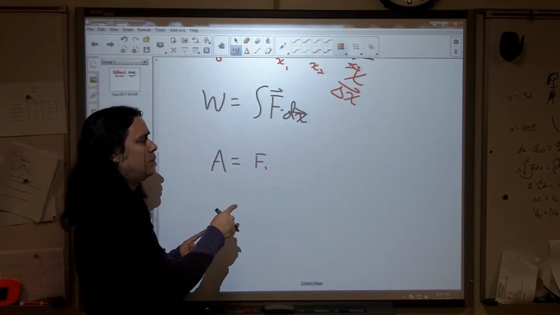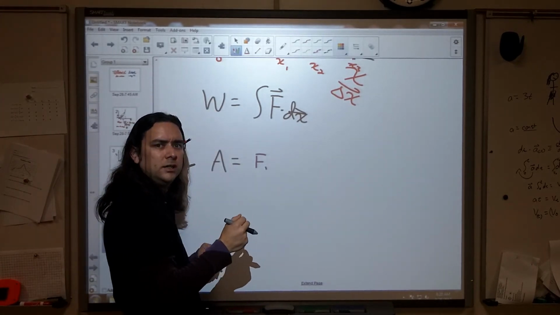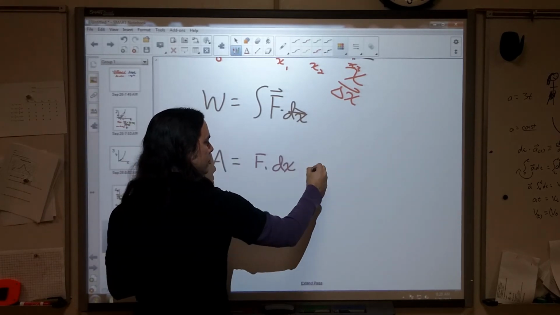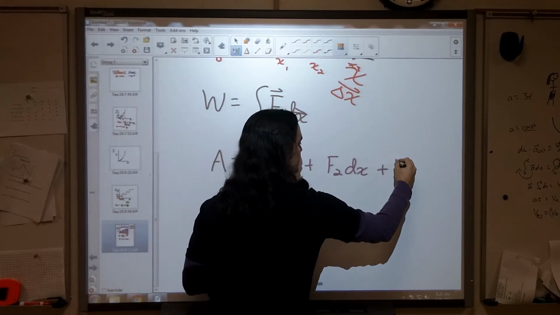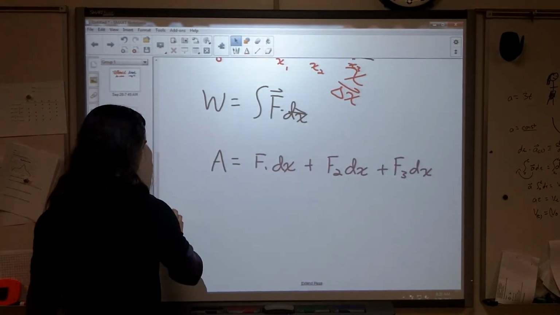Well, it would be an infinitely small piece of x. How do we denote infinitely small pieces? dx. Plus f2 dx plus f3 dx plus etc., etc.